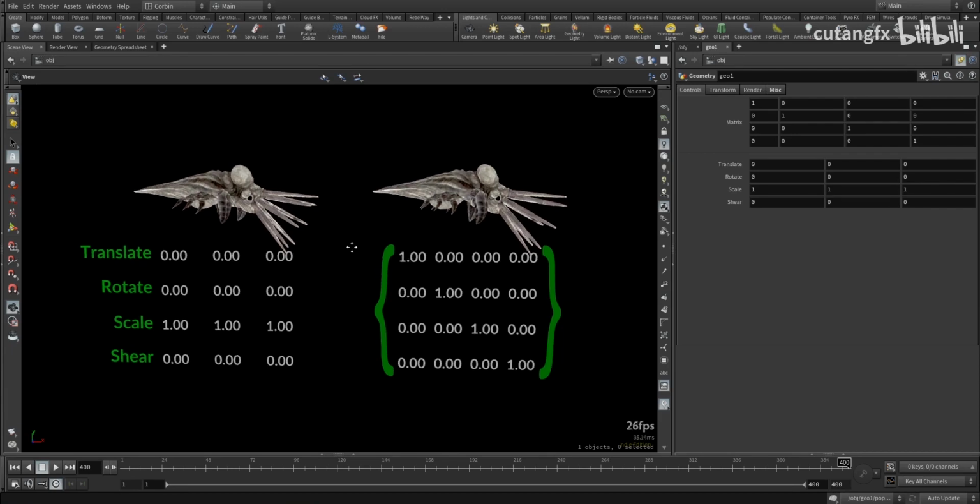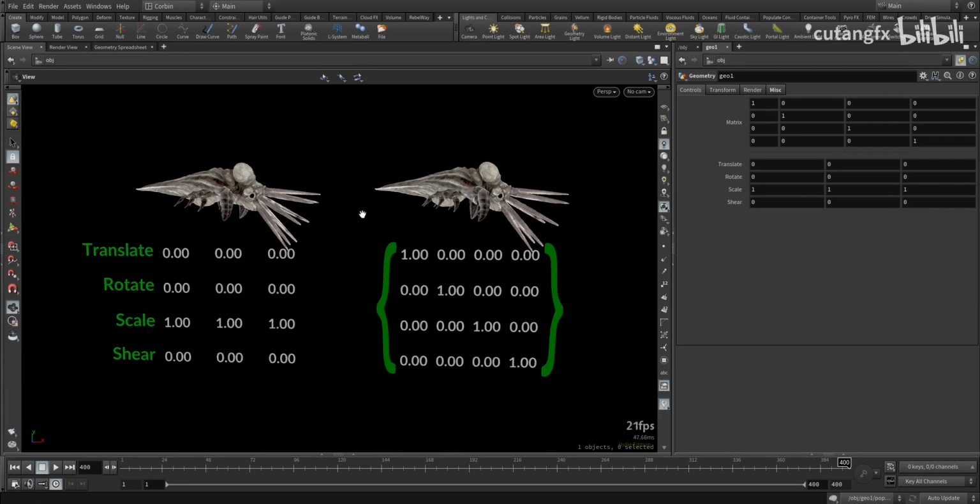Okay, so in this example, to stick with our matrix theme, I've got two little squid things here, the default Houdini geometry. And on the right-hand side, I've got a matrix which we can enter numbers into manually. As I said, we're not really ever going to do that, but I want to show you how these numbers work and the weird relationship they have with one another.